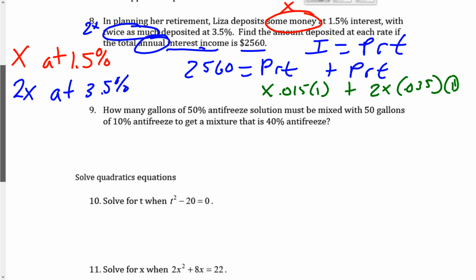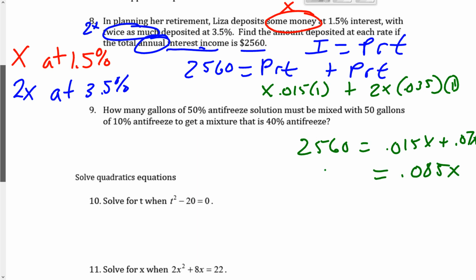I'm going to have some more room here. So we have 25.60 equals 0.015x plus 0.07x. Now we can add those x together. We get 0.085x equals 25.60.